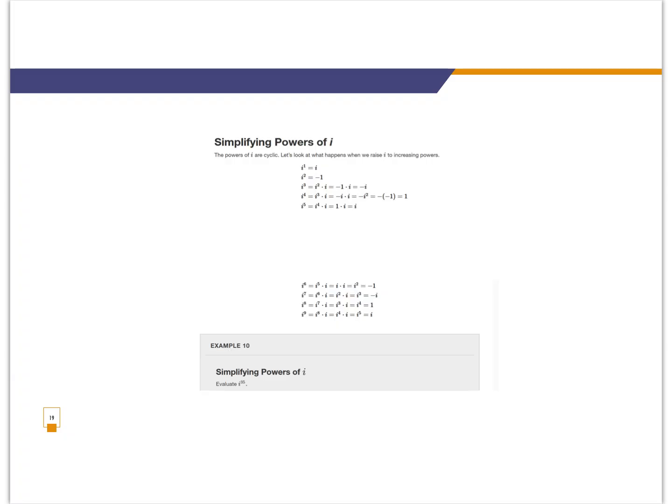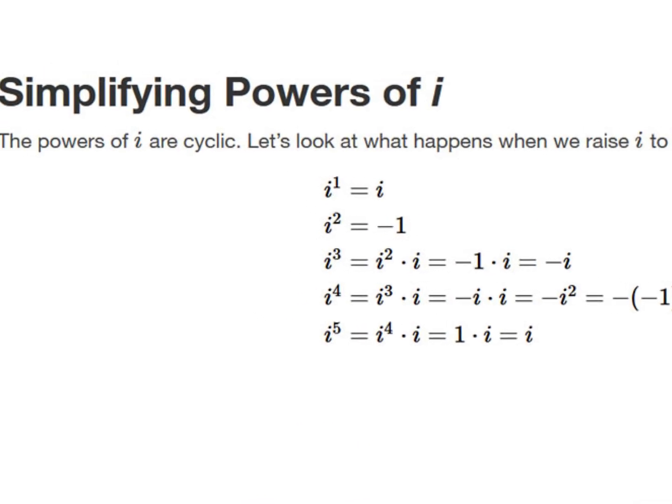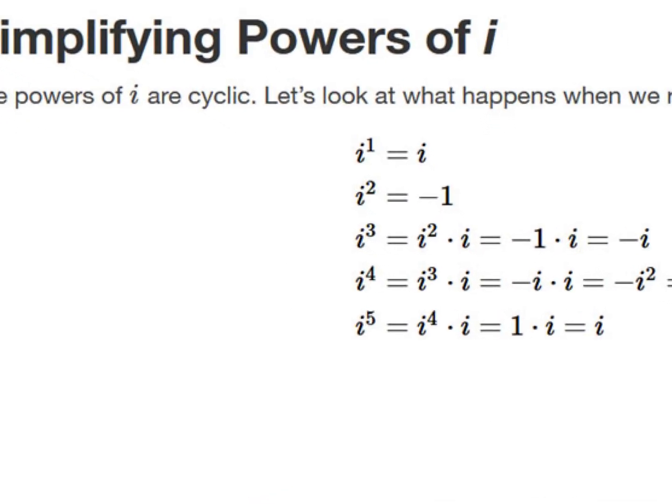Okay. Powers of i. Powers of i means i's that have exponents. So we already can figure out that i to the first is just i. i to the second, we already learned was i times i, and i times i is a negative 1.